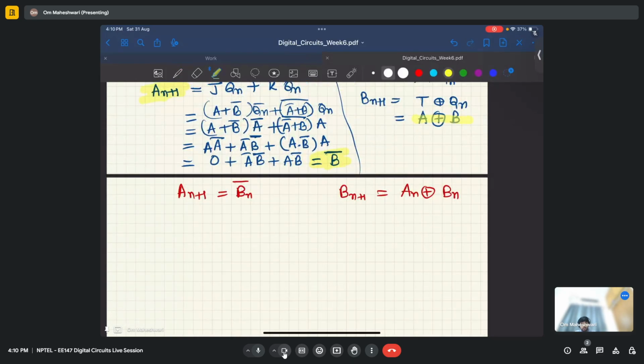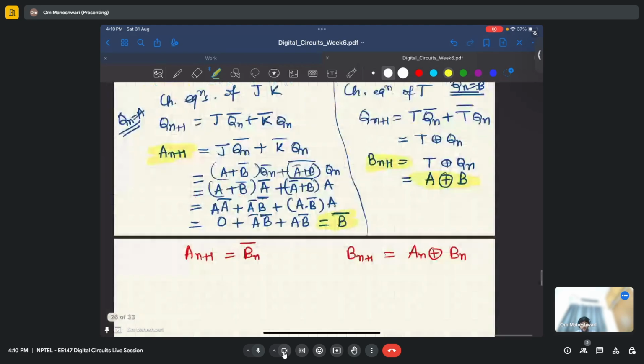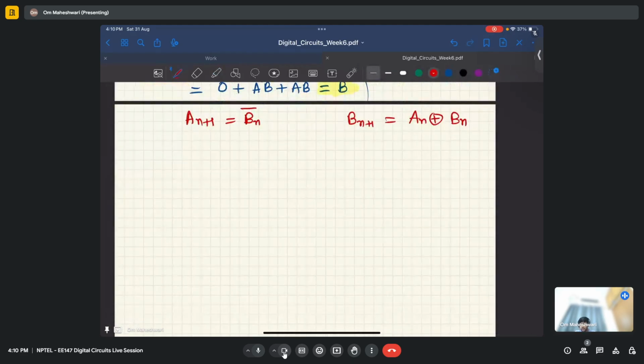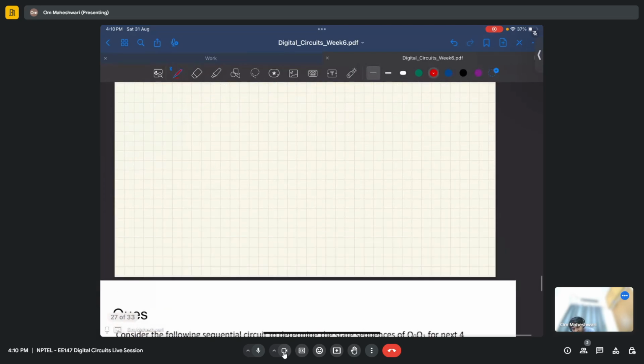From here, what we can do is write the present state and the next state.